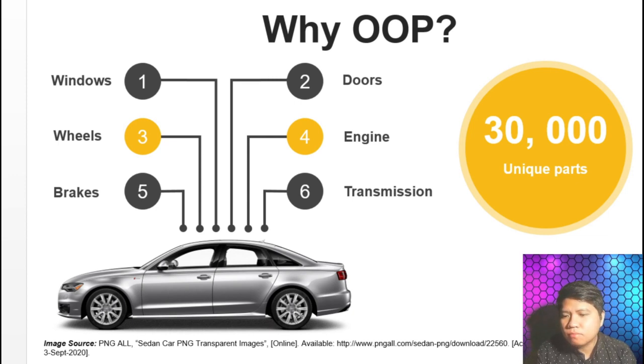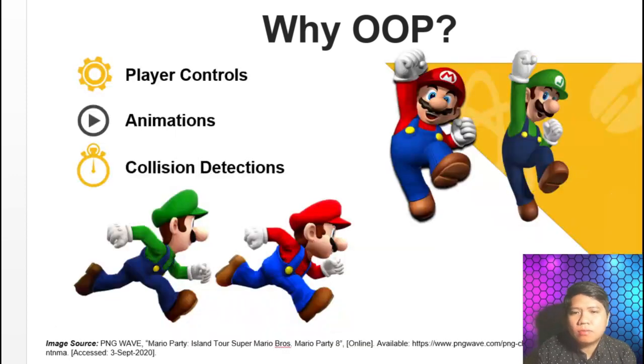So that's the idea of OOP. Another example: I know you are familiar with Super Mario Brothers. Considering a game, we have characters like Mario and Luigi in the Super Mario Brothers game. So why would we define separate program code for player controls?